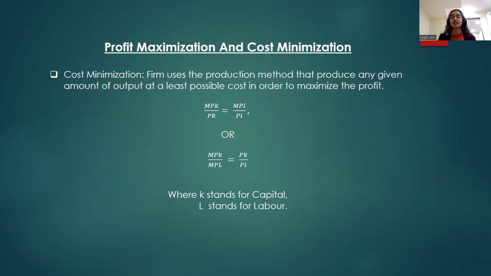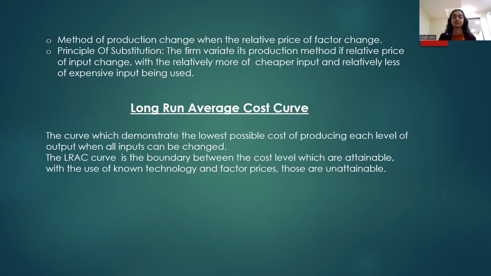The first one is MPK divided by PK equals MPL divided by PL, where PK stands for price per unit of capital and PL stands for price per unit of labor. We can also calculate it in this way: MPK divided by MPL equals PK divided by PL.